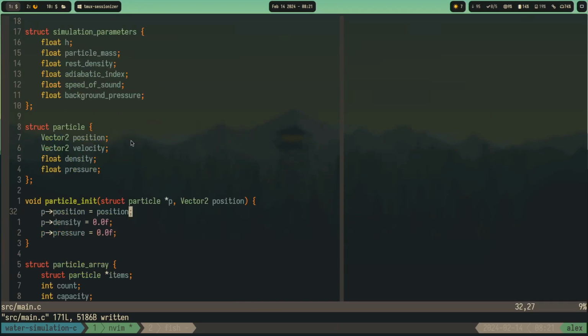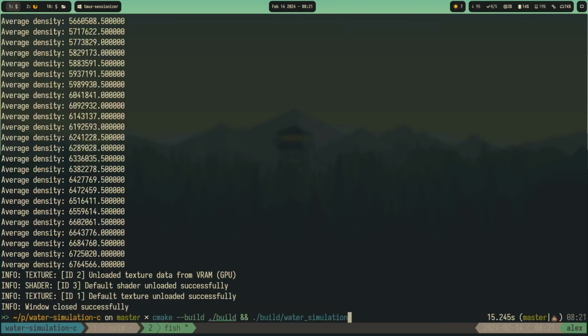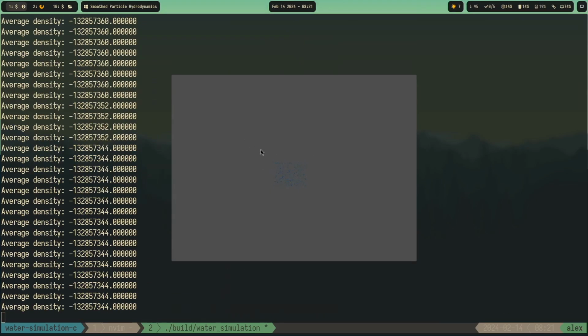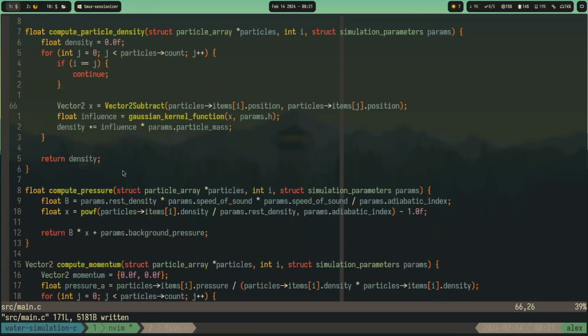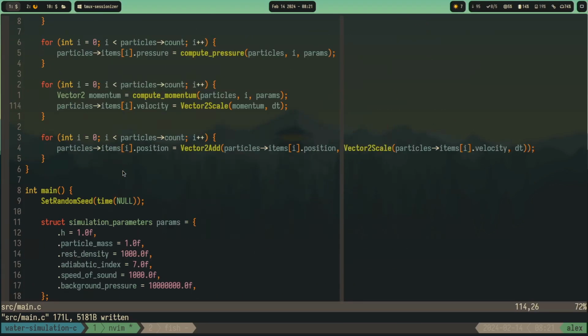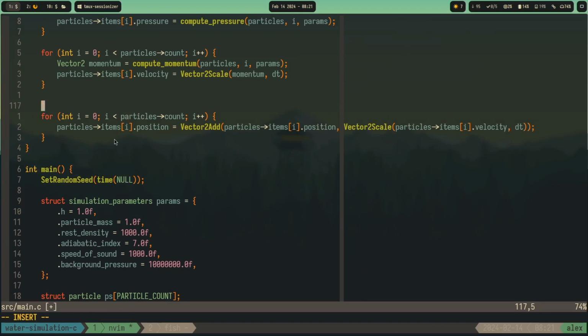Let's put only 256 particles. Oh no, oh my god. Okay, let's not move then.